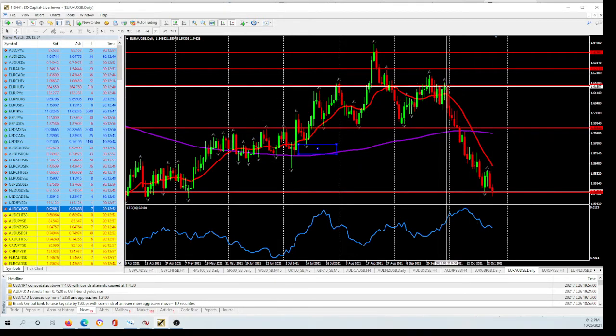I want about 1 to 3. So this is where I'll put my take profit, which is on this key level here. And as you can see, the price went straight down, so you've got about 700 pips risking about 133 to 200 pips. So that is about 1 to 4 risk reward.